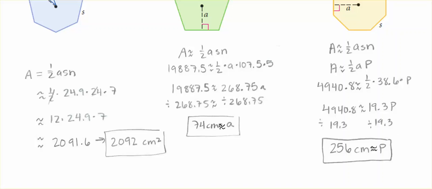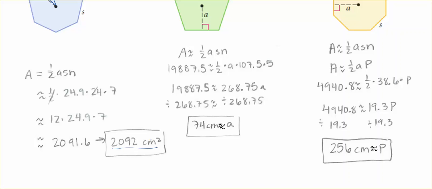And again, a basic plug and chug. I start with my formula, I substitute all my values in, and I go ahead and simplify that. And again, rounding that to the nearest whole unit, it tells us that the approximate area is 2,092 square centimeters, or centimeters squared.